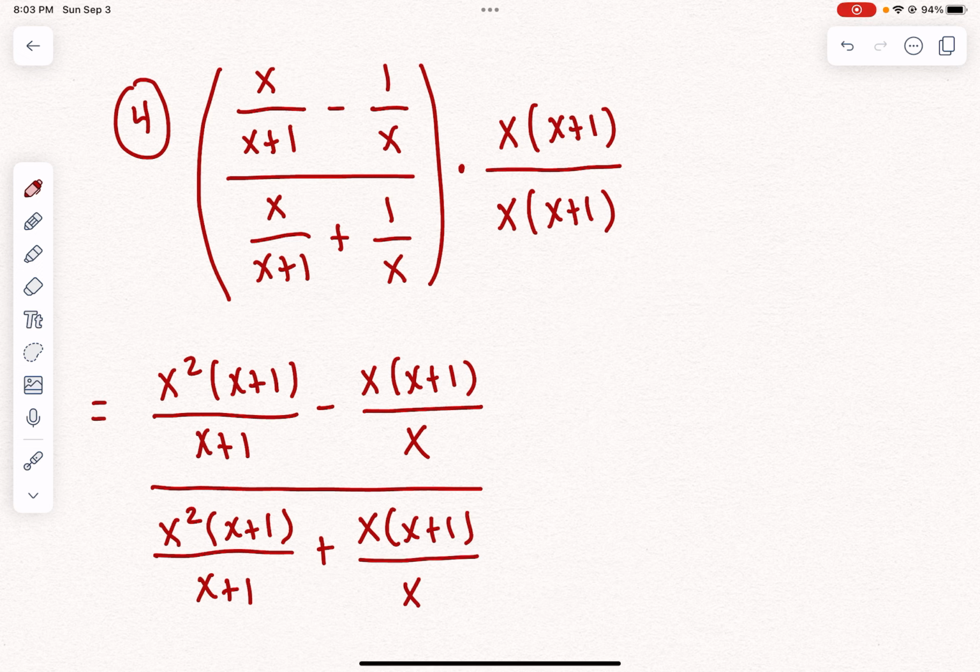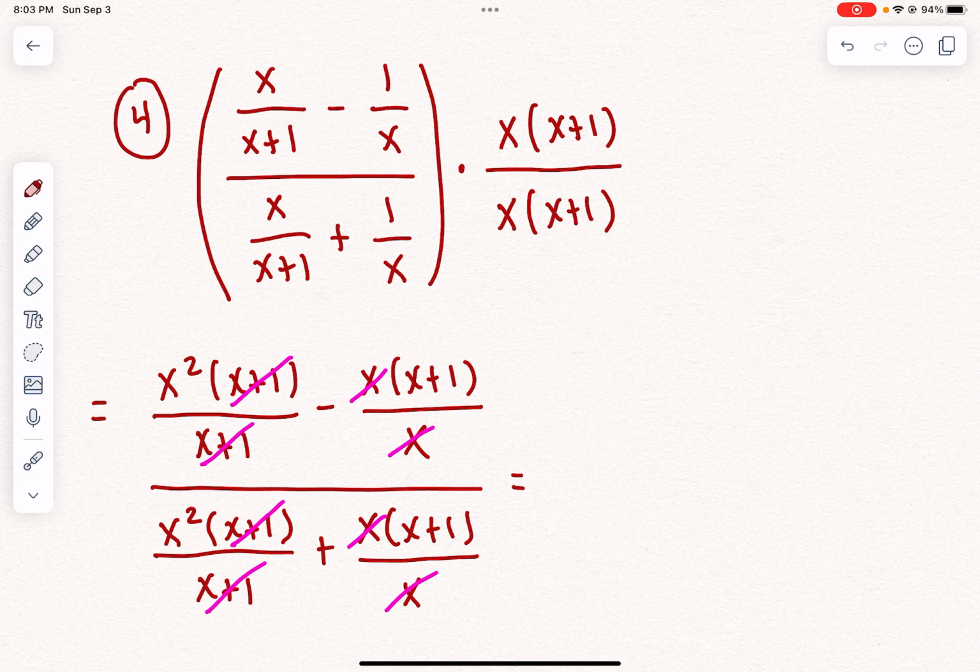All right, at this point you want to ask yourself, is there anything that we can cancel? And notice here that there is. I'm circling these right here, and we'll cancel those out. So these x's cancel, this cancels, and lastly this cancels. Now our expression should look like this.